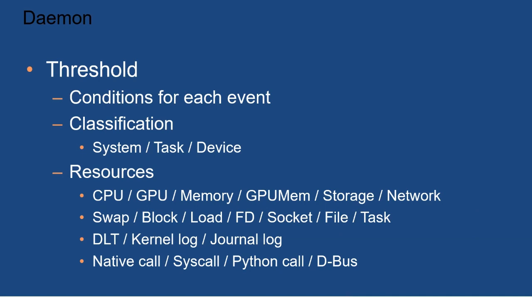Resources include hardware devices such as CPU, GPU, RAM, storage, and network. Logical resources and states such as block, system load, file descriptors, sockets, and in-storage files are also included. In addition, various types of logs, functions, and IPC messages can also be monitored.